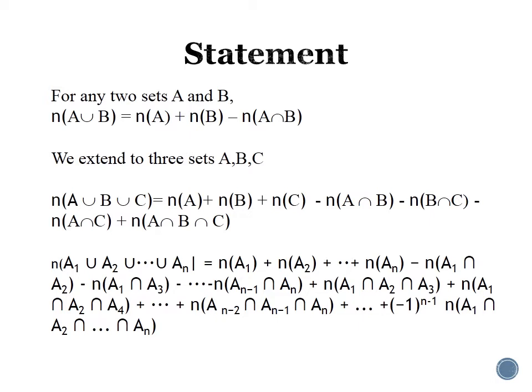Then you subtract the cardinalities of intersections of two sets at a time, and then you add the cardinalities of intersections of three sets at a time, and then again you subtract those of four sets at a time, and it goes on. So the last term is minus 1 to the power n minus 1 times cardinality of A1 intersection A2 intersection etc. intersection An.